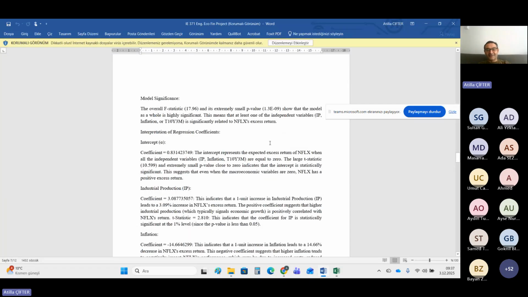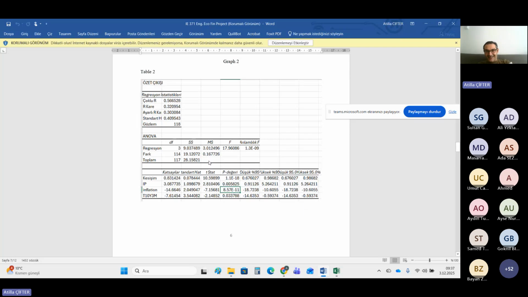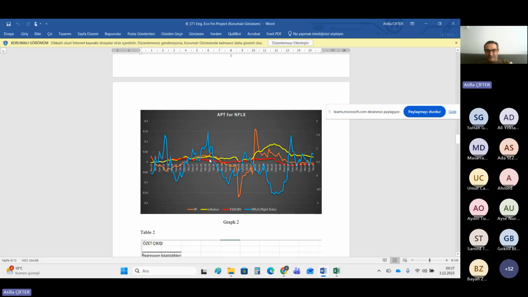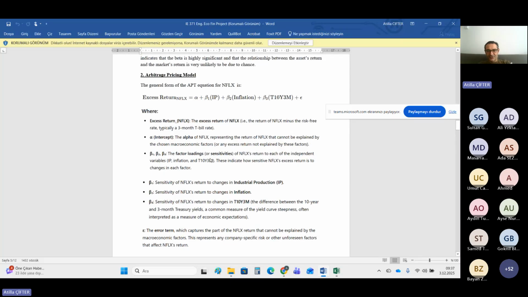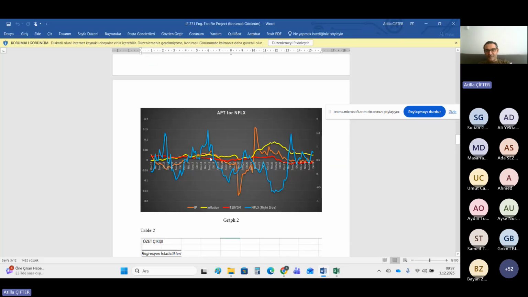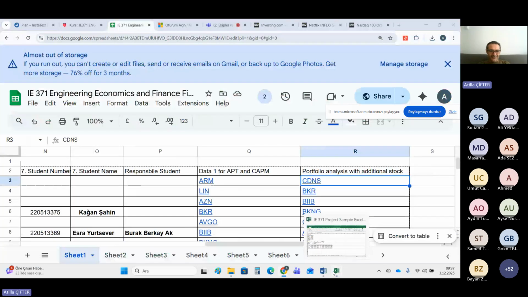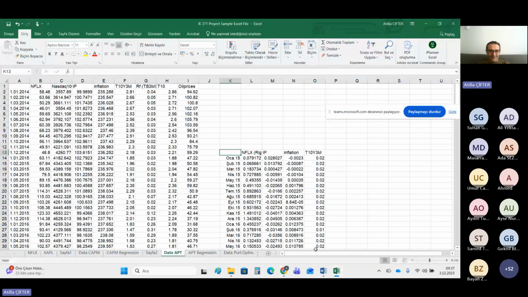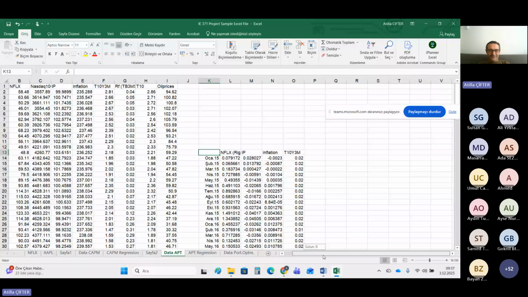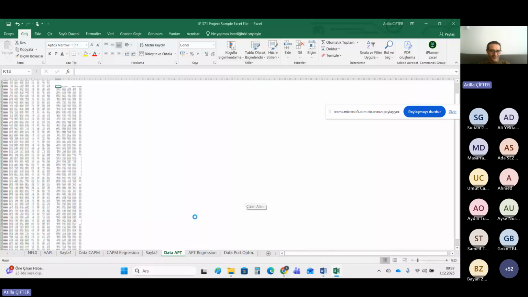So you need to update this first, the graph for arbitrage pricing theory. This part is an explanation of this model, you will keep it. Then this part is your graph. If I haven't drawn the graph, let me look, where is the graph?